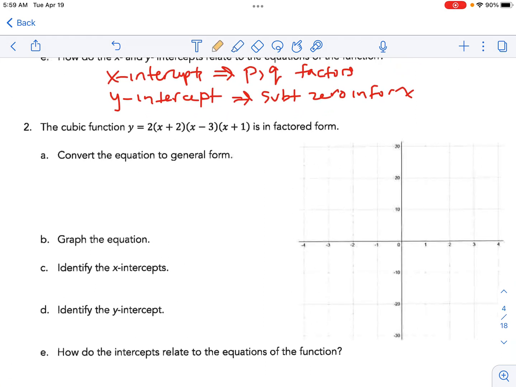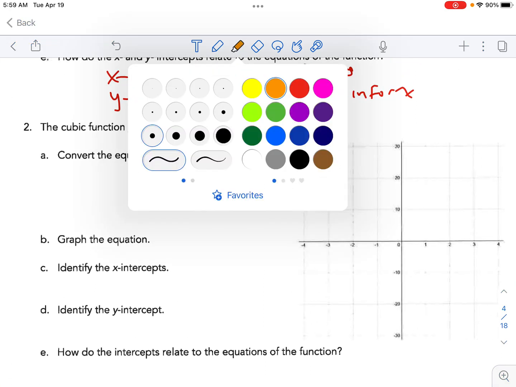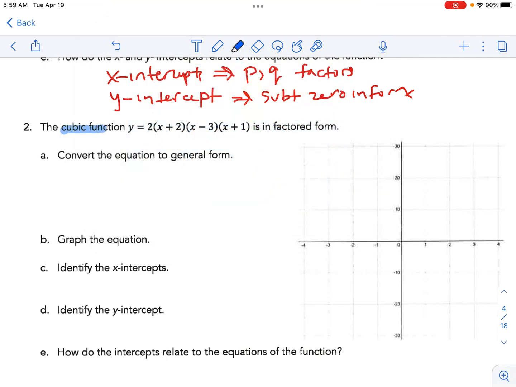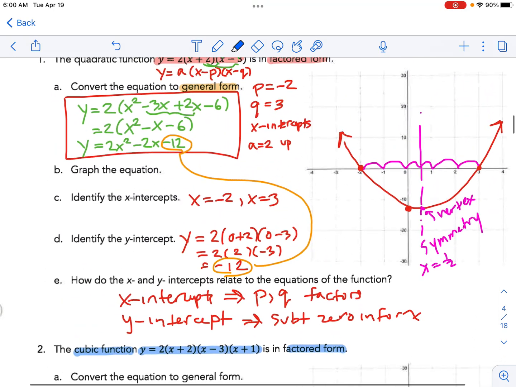Okay, so let's try to apply that to this. It's a cubic function, so a cubic function ends up being x cubed. Here it is in factored form.